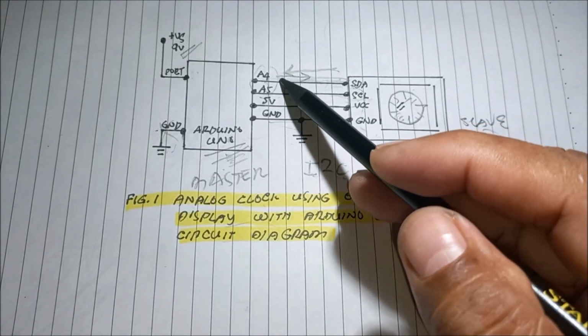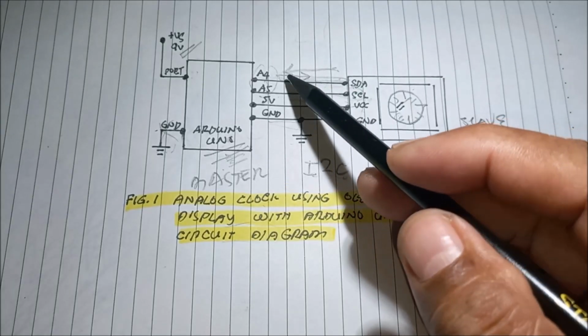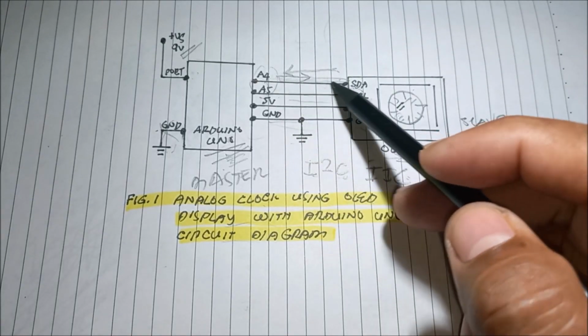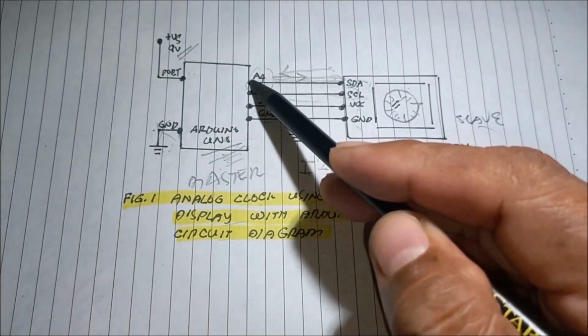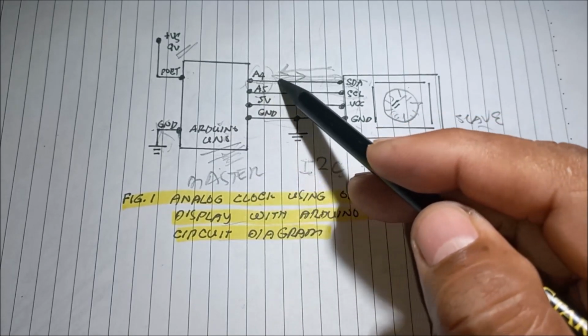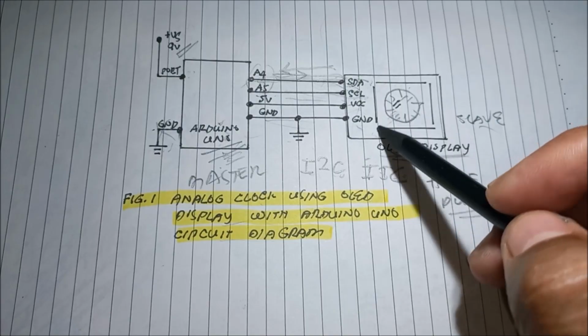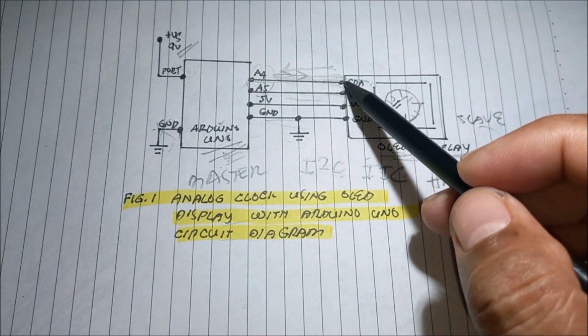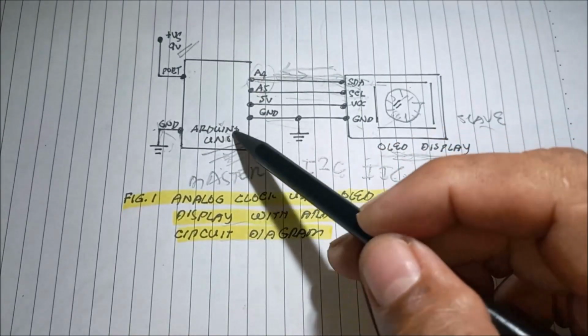So it is bidirectional, but one at a time. Transmit by the Arduino Uno to the OLED, then the OLED responds, transmits, and it is received by the Arduino Uno.